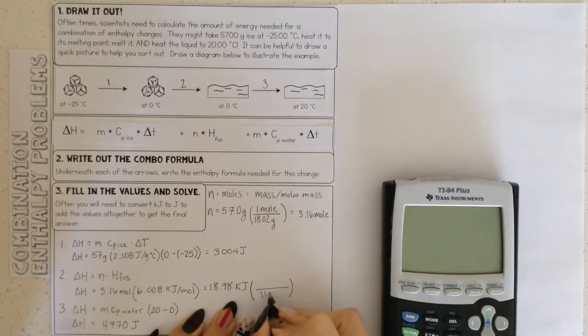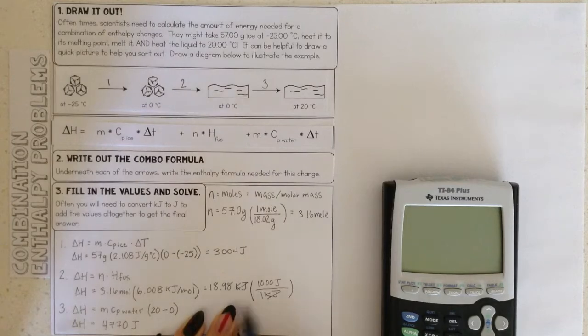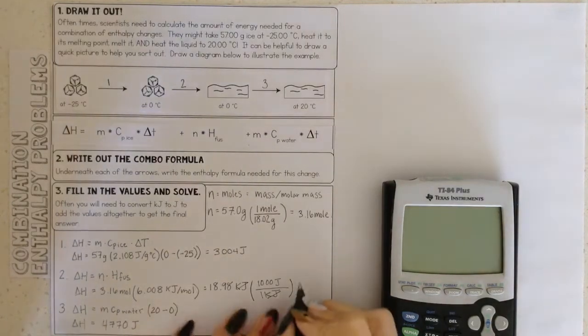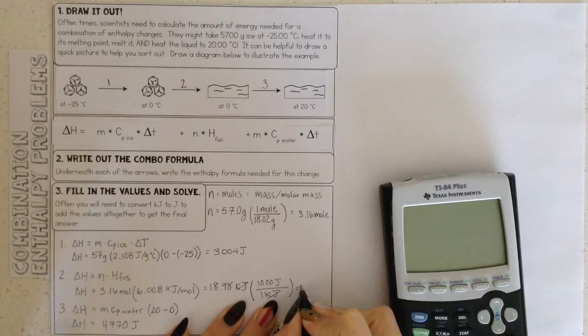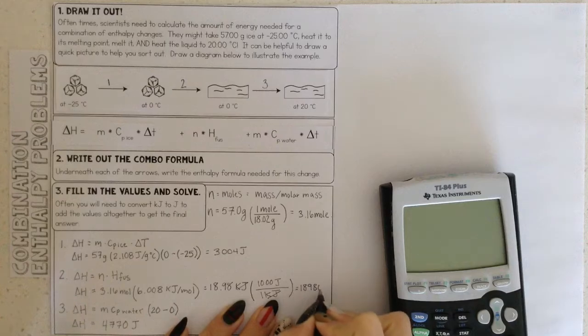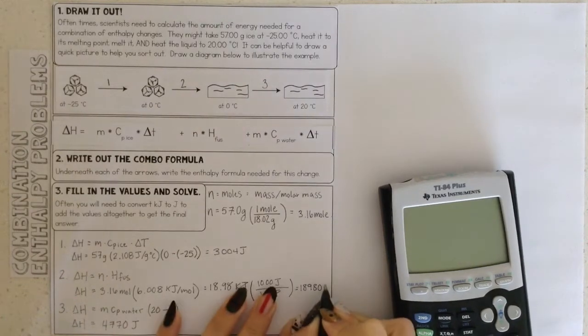In 1 kilojoule, there are 1,000 joules. So you have to multiply this by 1,000, and that is equal to nearly 19,000 joules.